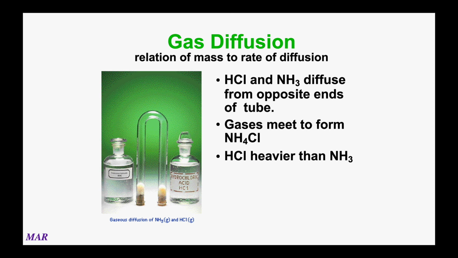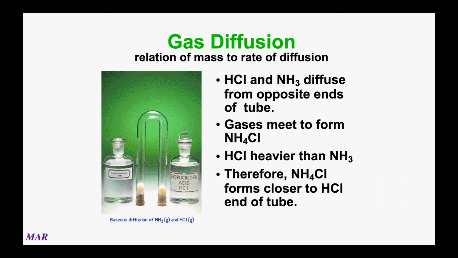So when the solid white NH4Cl forms, it's probably going to be on the HCl side. And that's just because little ammonia goes faster than big HCl. So you can see how this can be kind of cool from the perspective of a chemist. So in this problem, the ammonium chloride forms closer to the HCl end of the tube. And again, it just comes down to the fact HCl is heavier than NH3.